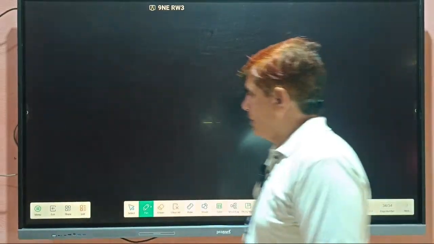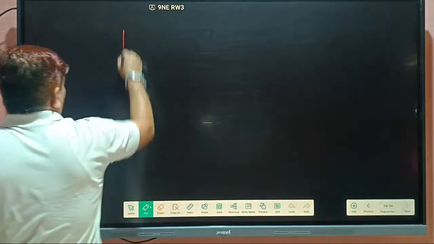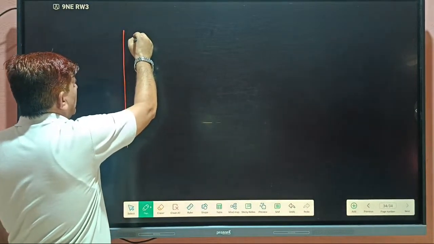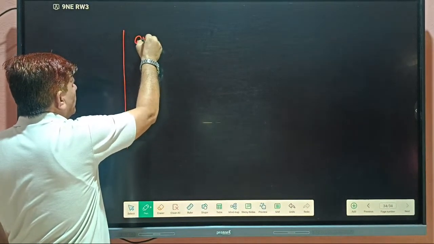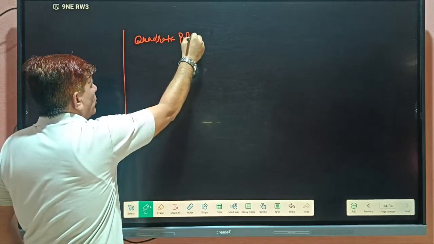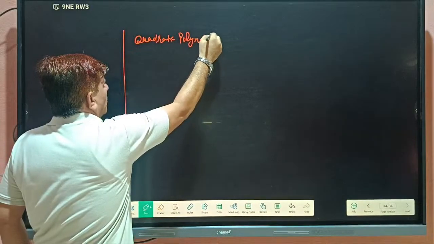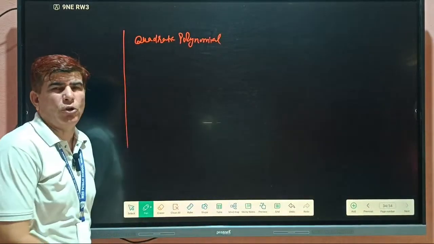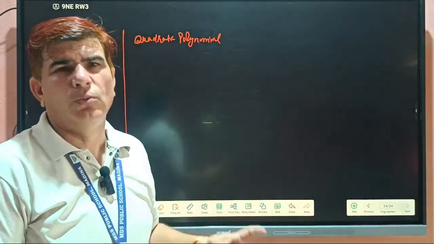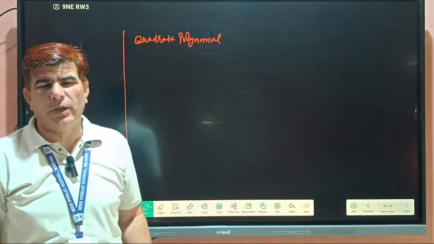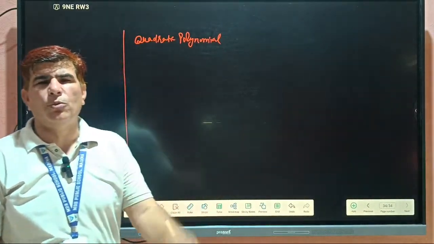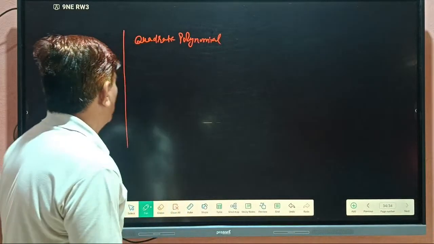So here we are having a quadratic polynomial. What is a quadratic polynomial? If the highest degree of a polynomial is 2, meaning the highest power of the variable is 2, then it is a quadratic polynomial.